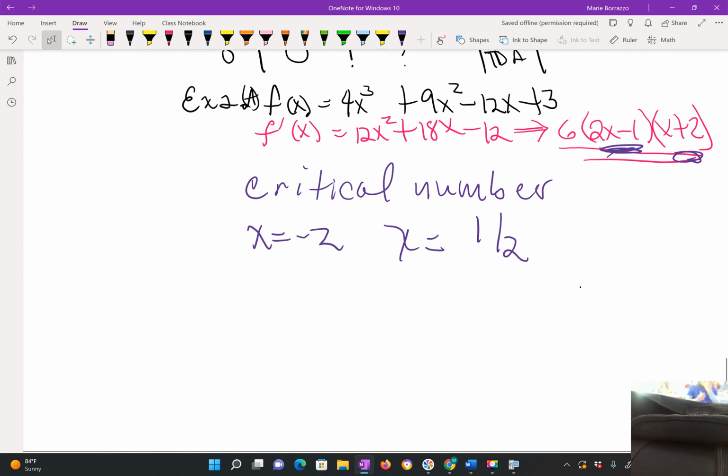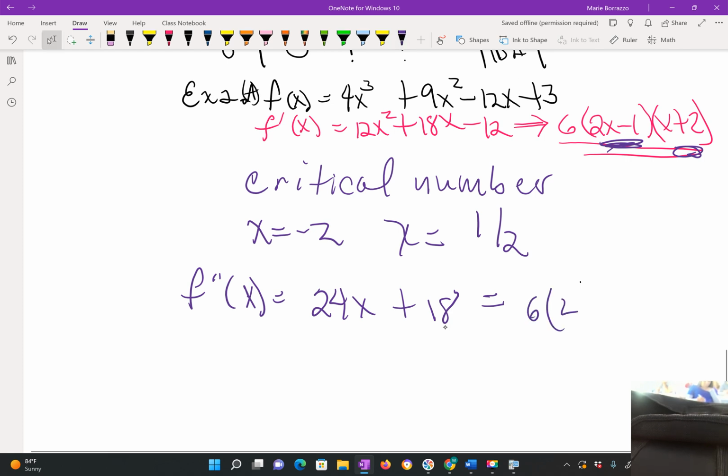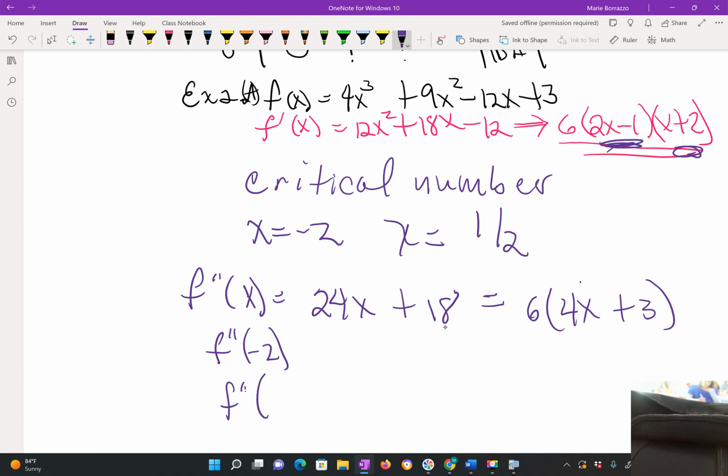So now let's take the second derivative of this equation. So f, second derivative of this is going to give me 24x plus 18, which if I factor this, 6 goes into both of those, so this will be 6 parentheses 4x plus 3. And what I want to do now is substitute in that negative 2 and again the positive 1/2.